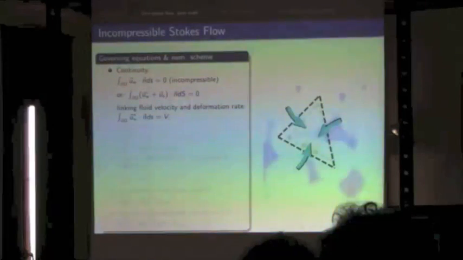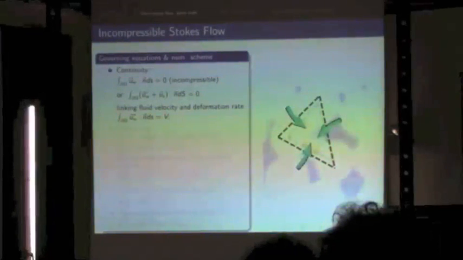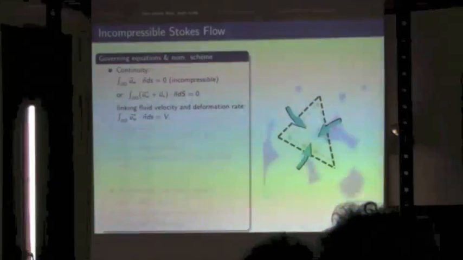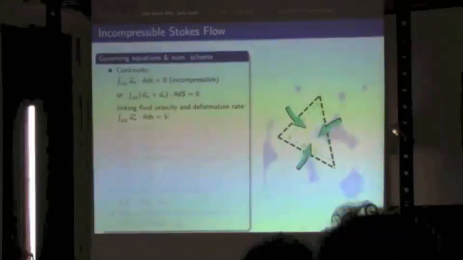So now if I do that, I have a relationship between the relative fluid velocity and the rate of volume change of the element. This is a tetrahedron. Remember that it has the vertices at the center of the particles. So if the particles move, this tetrahedron is changing in shape and volume. So here I have a balance between the movement of the particles and the flux of fluid.